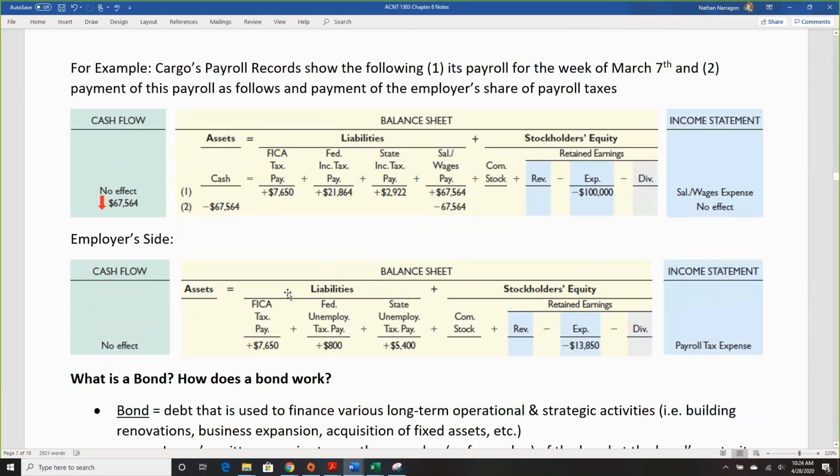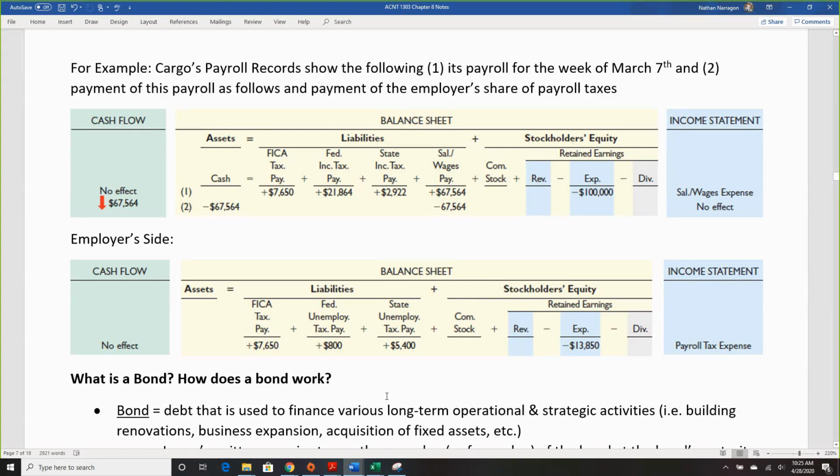So it's going to give you employer paid, blah, blah, blah. Paid FICA, $7,650. Unemployment, UDA and SUDA. And then just know that the expense is going to be payroll tax expense. Okay? Again, as we see, there are negatives. Okay?